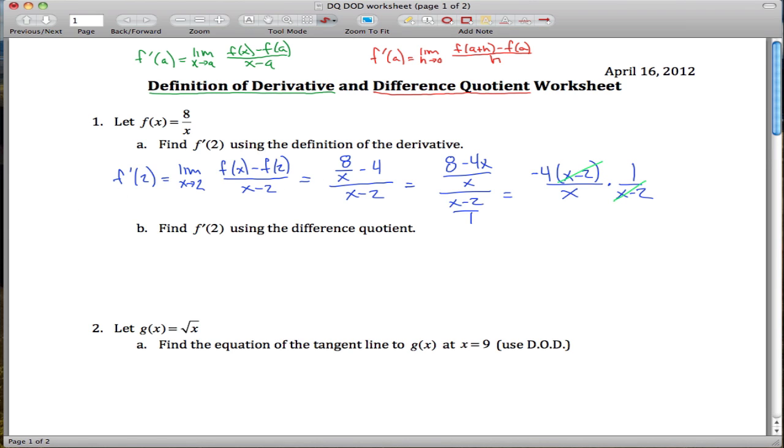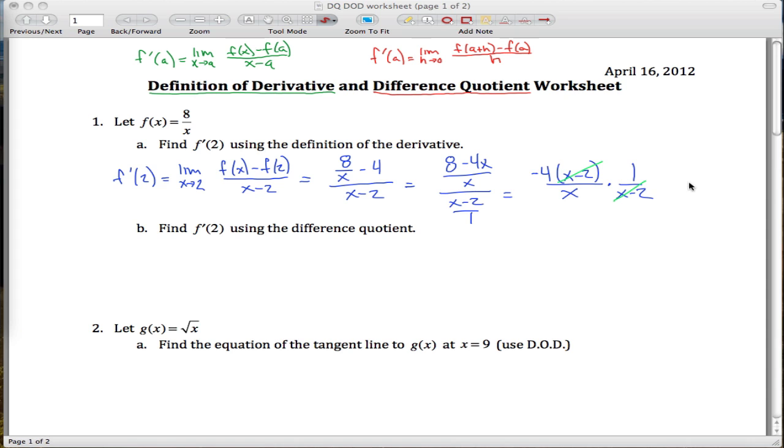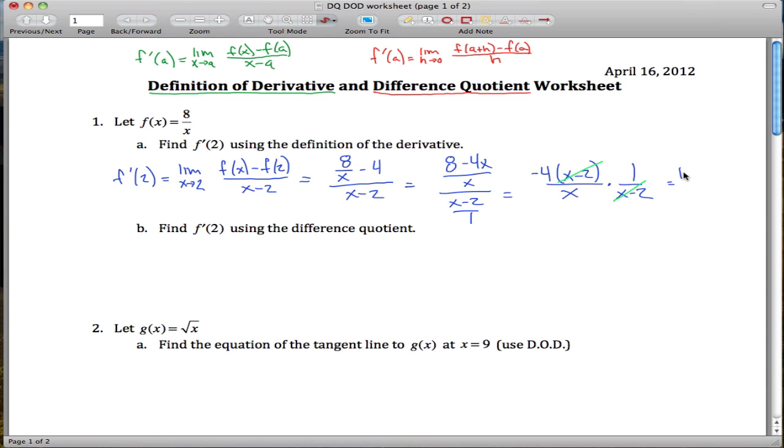These cancel out. And what we're left with is the limit as x approaches 2 of negative 4 divided by x, which is a limit we can evaluate. You can just make x equal to 2, and you get negative 2 as your answer.